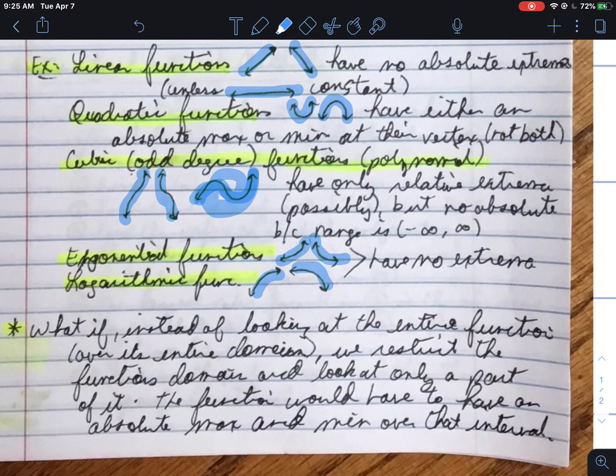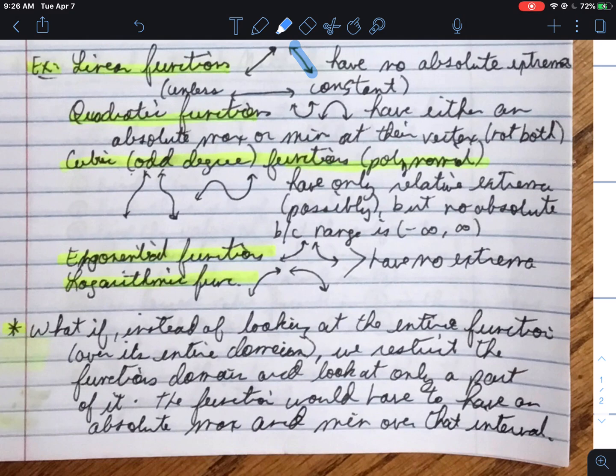Now, what if instead of looking at the entire function, because we have so many of these functions that don't have extreme values, whether they be relative or absolute, what if we look at just a small portion of the function instead of the entire domain? I can guarantee you that if we only look at a small region of the graph of that function, it's going to hit an absolute max and an absolute min in that interval.